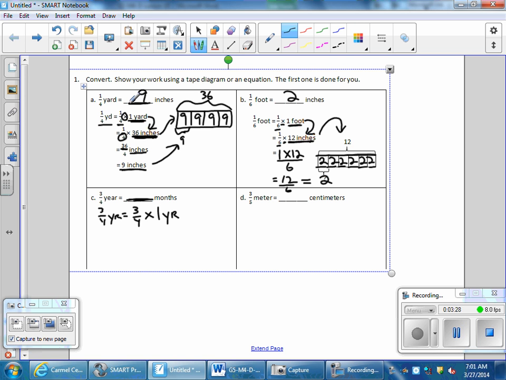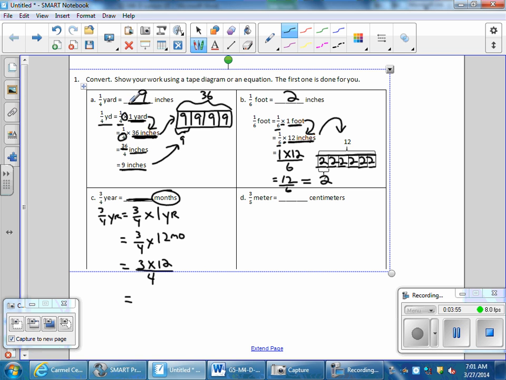My next step is to convert 3/4 of a year into months. There are 12 months in a year. If I'm going to continue with my equation, I would take the numerator of 3, multiply it by my whole number 12 months, and divide by my denominator of 4.